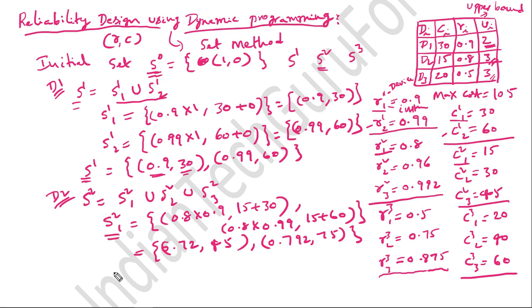Now let me calculate S power 2 suffix 2. So S power 2 suffix 2 is calculated based on the values of R power 2 suffix 2 and C power 2 suffix 2.